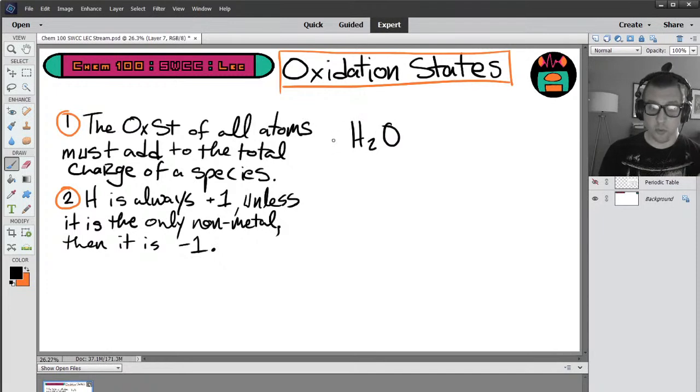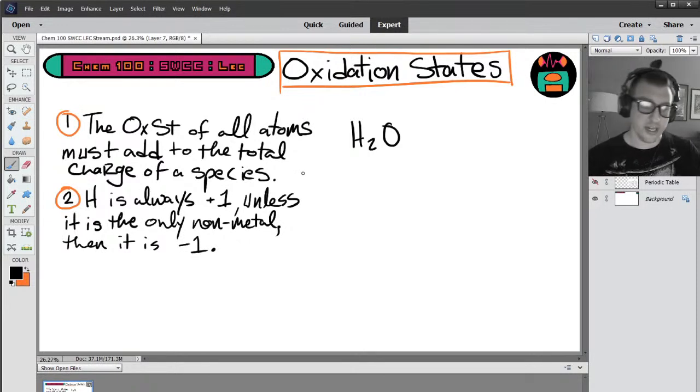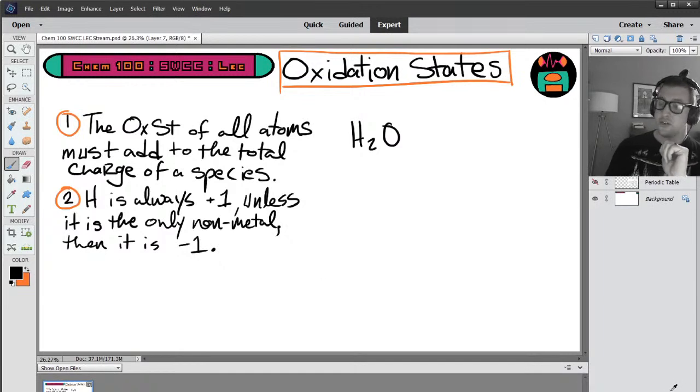Now rule number one can't help us at the moment. It says that all the oxidation states have to add to the total charge on the species, but we have two different elements present, so it doesn't help us yet. It will in a moment, but not yet. So we move to rule number two. Hydrogen, rule number two tells us hydrogen is always plus one unless it's the only non-metal.